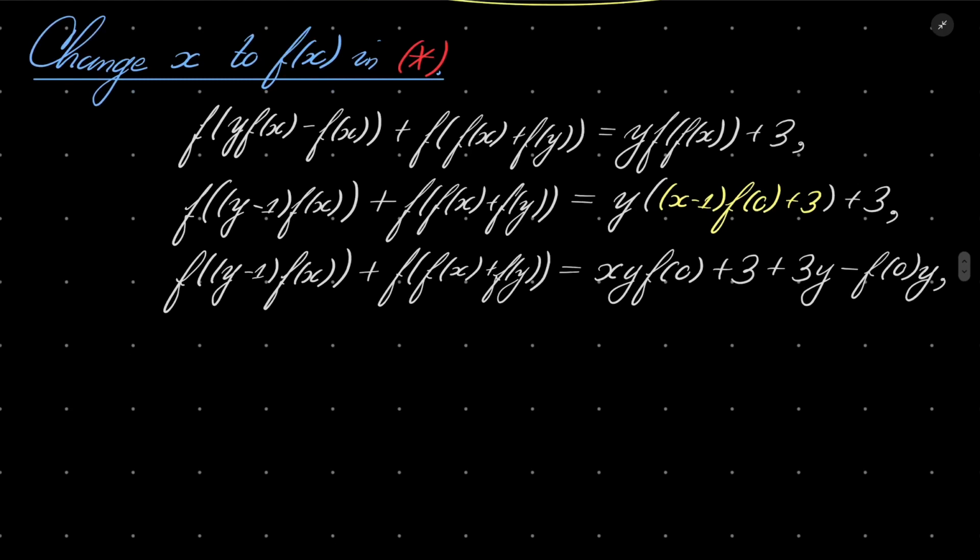I am not, very well. And now I wish to do the following. I will put this part on the left hand side and I will put this part on the right hand side. And what do we get?